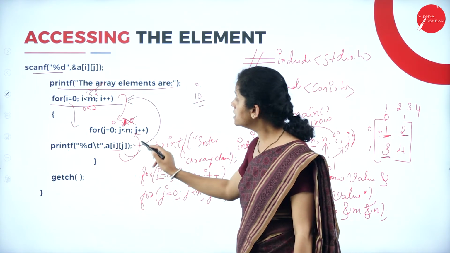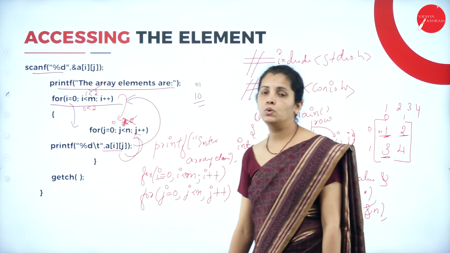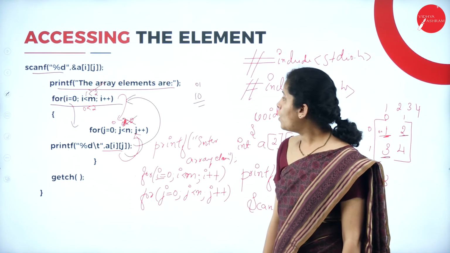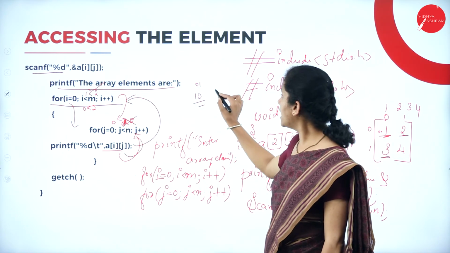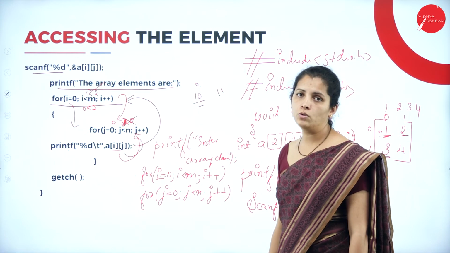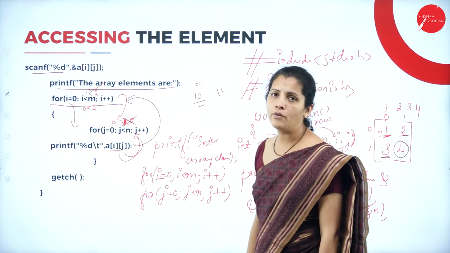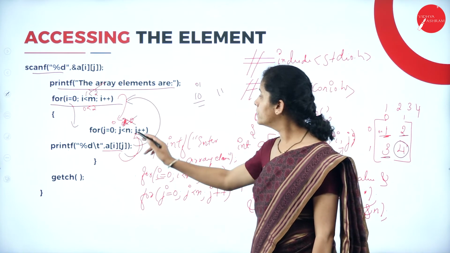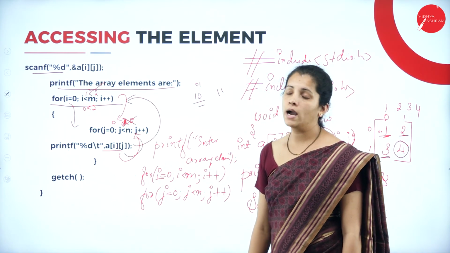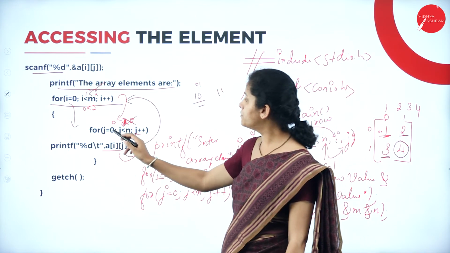Now j is incremented by 1. Now j is 1. 1 less than 2. It is true. Now what do I want to display? That is the content which is present at the location 1, 1. So I'm going to print 4. Now j is incremented by 1. Now j is 2. 2 less than 2. The condition is false.